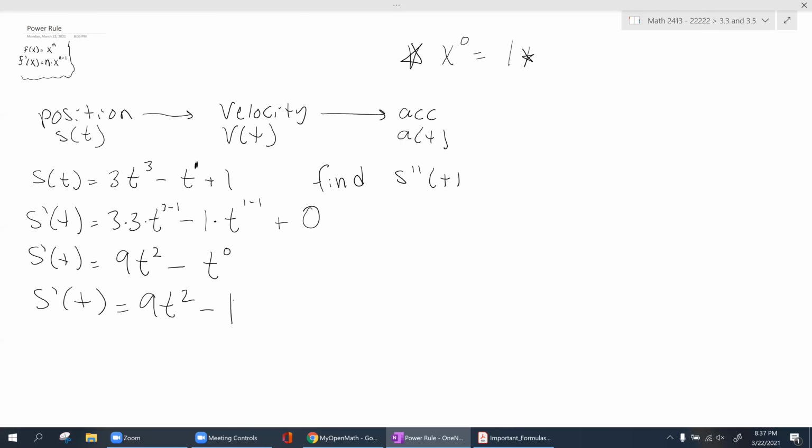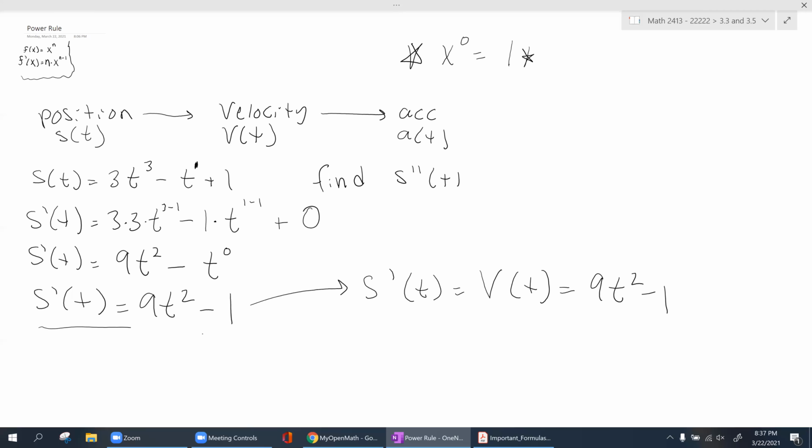The first derivative is just velocity, 9t squared minus 1, because going from position to velocity gives me that.